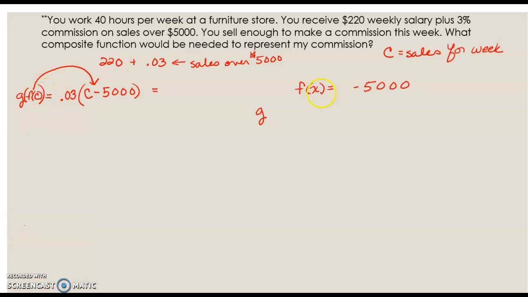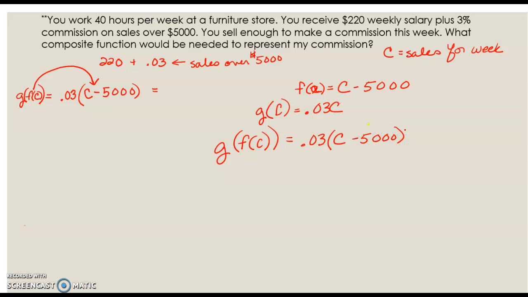All right. F of c is c minus 5,000. So we'd have g of c is going to be 0.03c. So g of f of c would be 0.03 times c minus 5,000. Sometimes it helps to work backwards and just think, this is what I need to figure out to get this kind of a function. And they will do that to you on some problems.